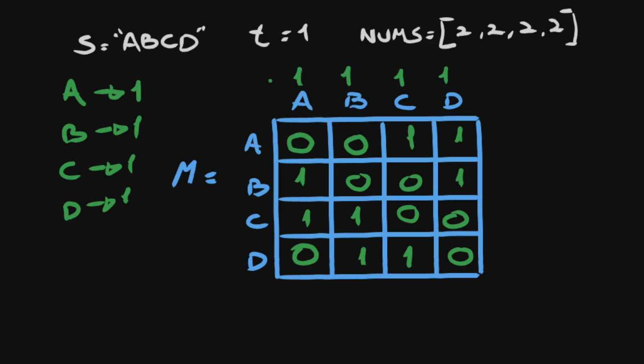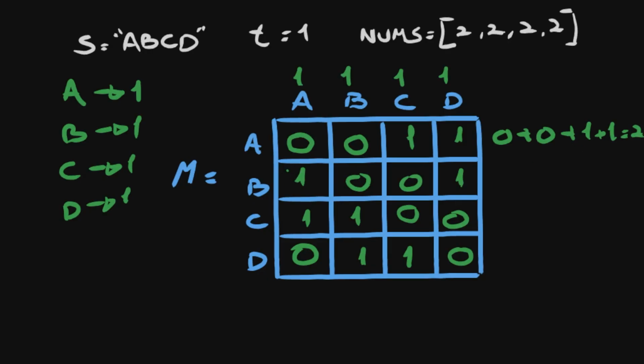The frequency is 1 for all characters, and now we are doing 0 times 1 is 0, plus 0 times 1 is 0, plus 1 times 1 is 1, plus 1 times 1 is 1. And this is 2.